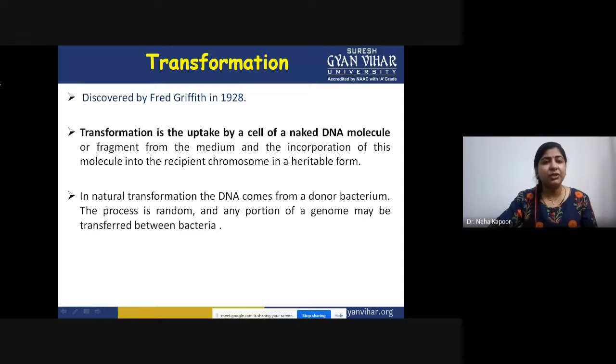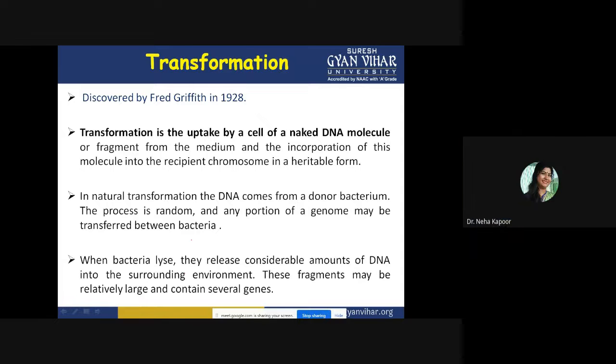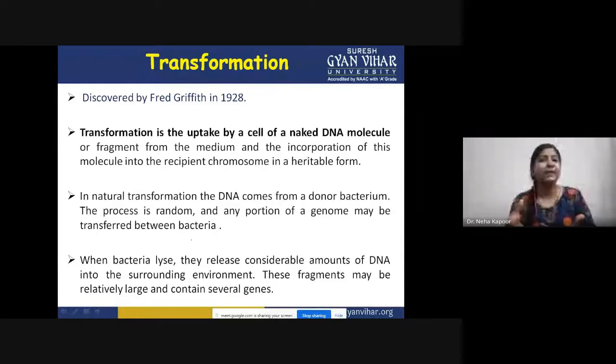So in natural transformation, the DNA normally comes from a donor bacteria and the process is random. Any portion of the genome can be transferred between the bacteria. And once the bacteria is lysed, it will release a large amount of DNA into the environment.